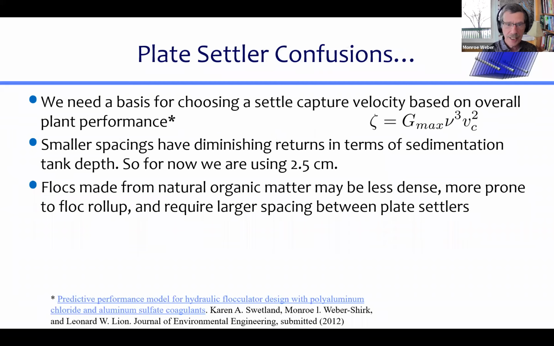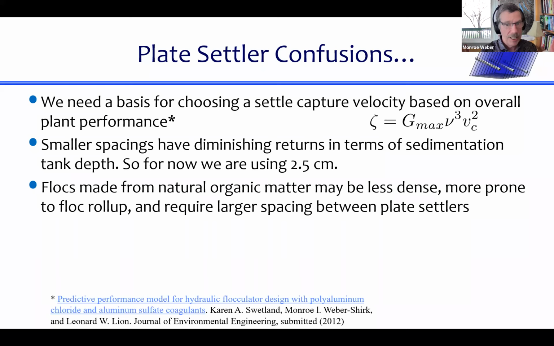So some confusion. We don't yet have a basis for choosing a settle capture velocity based on overall plant performance. Our settle capture velocity is something that we pulled out of the air. We pulled it from a website, but it wasn't based on first principles or physics.